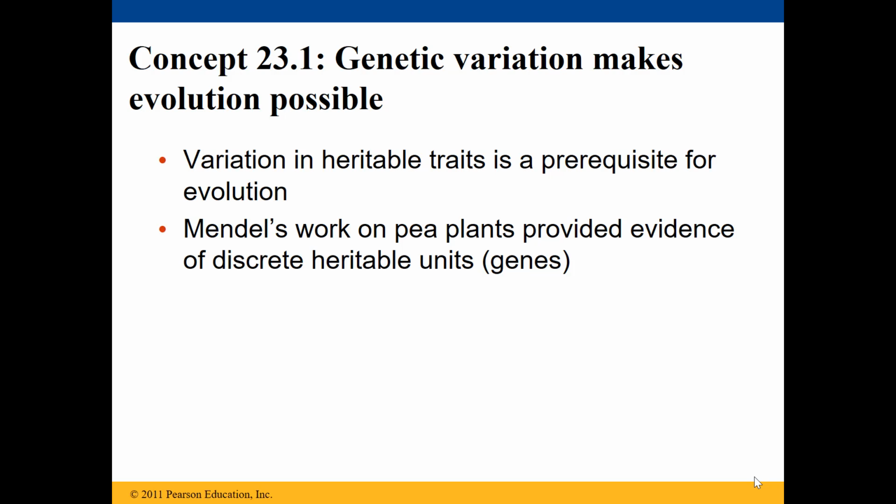So gene flow is from immigration or emigration. Individuals bring new genetic material into the population, or individuals take genetic information out of the population. Immigration, emigration. Okay?